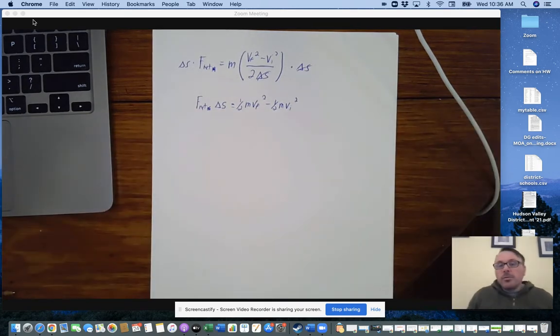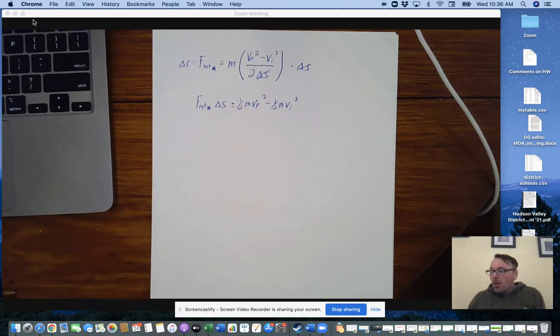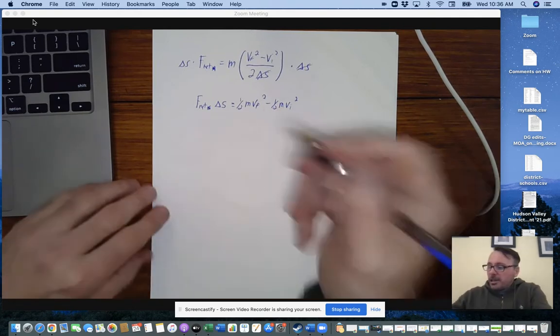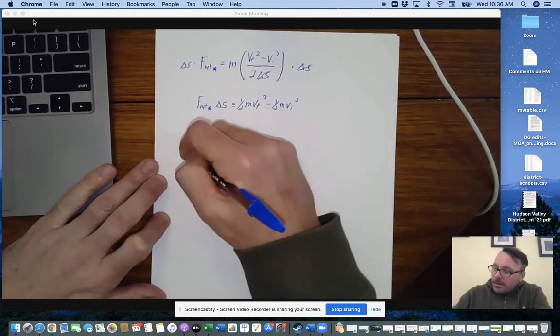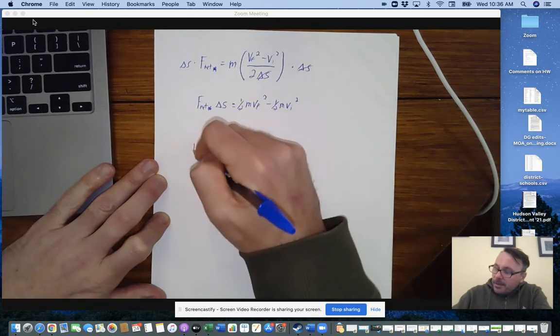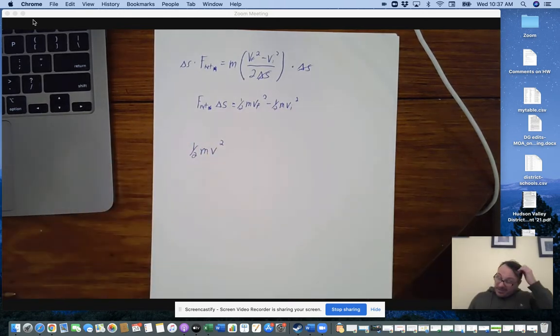All right, so let's look and see what we have here. That's interesting. I have these two terms here that are identical. One is the term before the interaction. The other is determined after the interaction. But let's just look at what the term itself seems to say. I have 1/2 mv squared. Now, mass is a scalar.